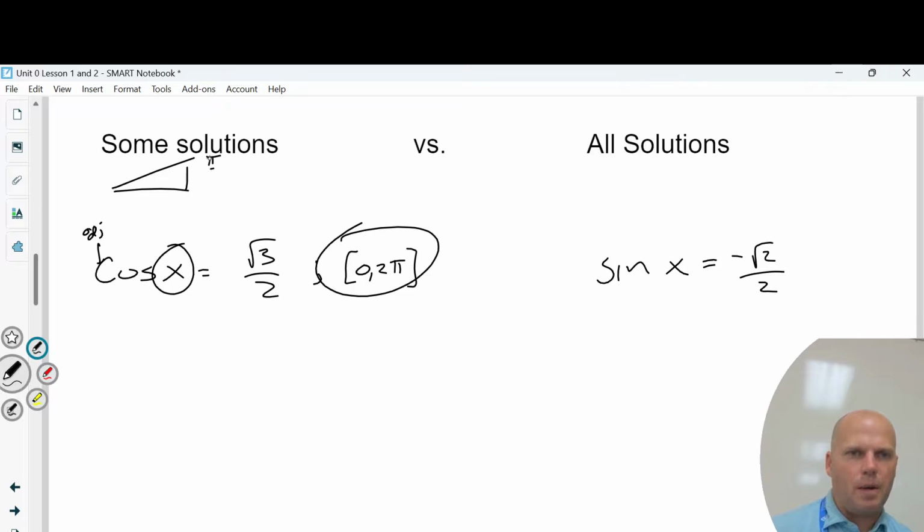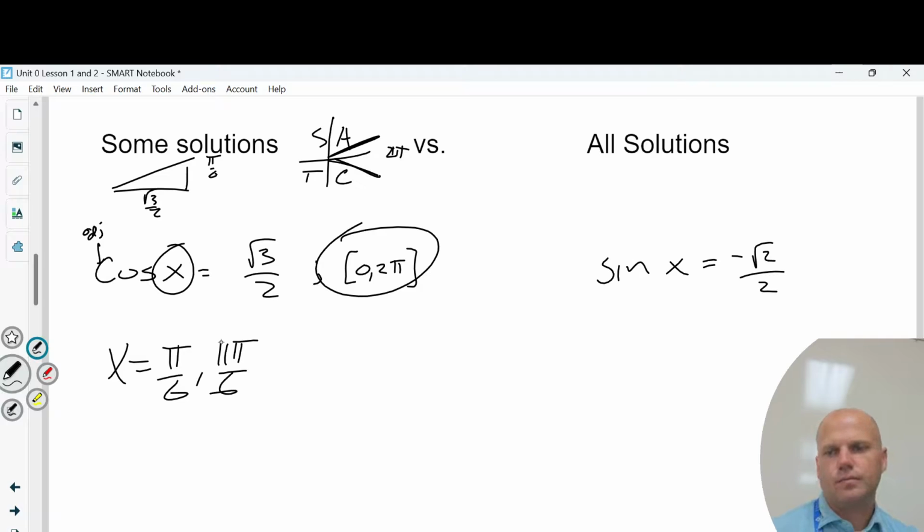Here's going to be my pi over 6, where cosine is positive, all students take calculus, is this pi over 6 and this pi over 6. So this is going to be 1 pi over 6 and 12 pi over 6 minus pi over 6, 11 pi over 6.